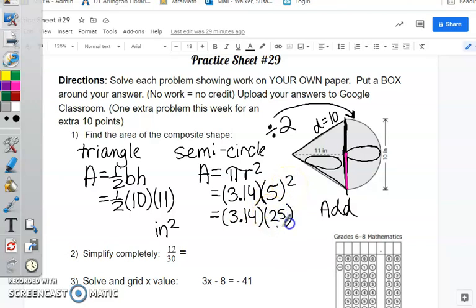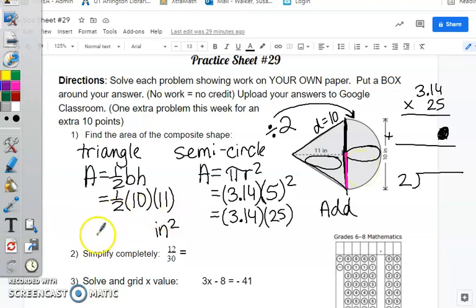Okay, this is where I'm going to leave you. You need to multiply 3.14 times 25. Remember on the second row to hold your spot, okay? Now, once you get that answer, you need to remember that you have to divide that by 2 because it's a semicircle, okay?